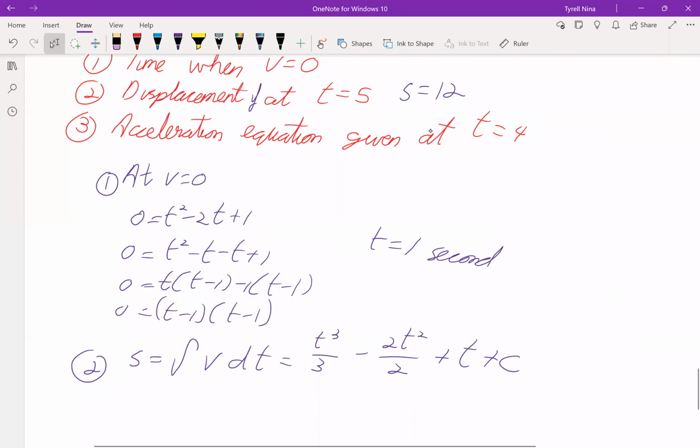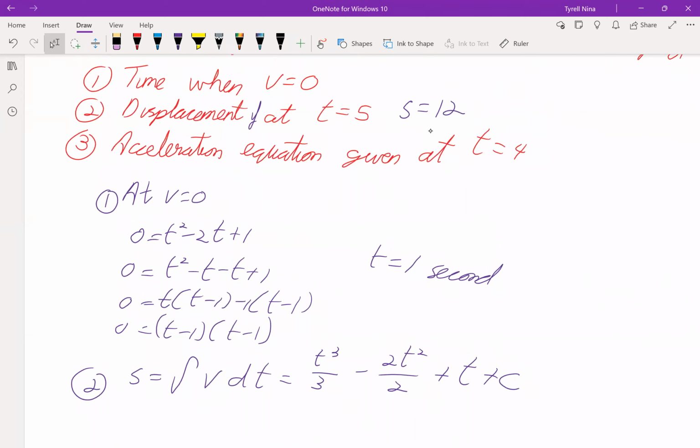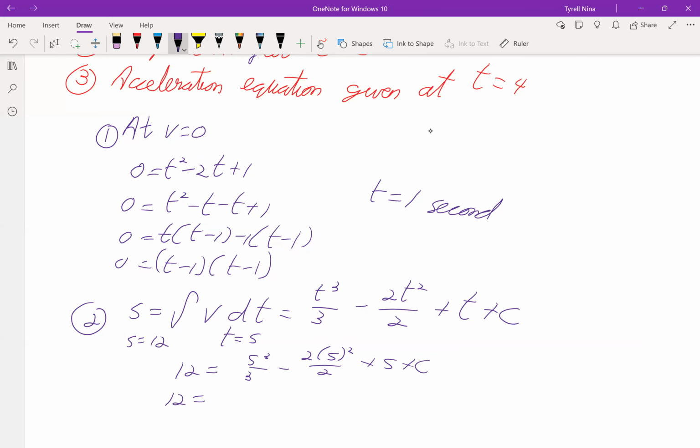So what they say is, if s is 12 and t is 5, then 12 is 5 cubed over 3 minus 2 times 5 squared over 2 plus 5 plus c. 12 is 125 over 3 minus 25 plus 5 plus c. So 12 is 125 minus 60, that is 65 over 3, plus c.